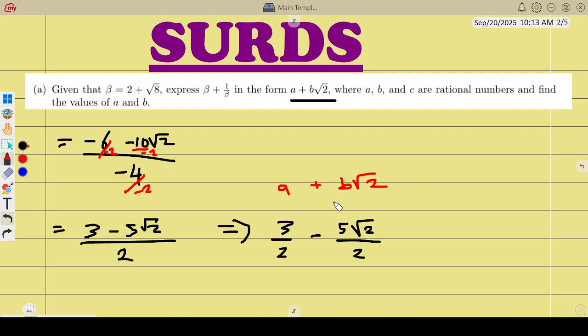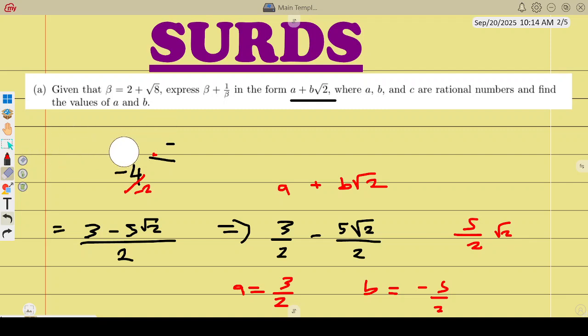So meaning our A, you conclude, you say A is 3 over 2, and then B is negative 5 over 2. So here the thing, the coefficient of root 2 is negative 5 over 2. Yeah, so this we can write it like this.